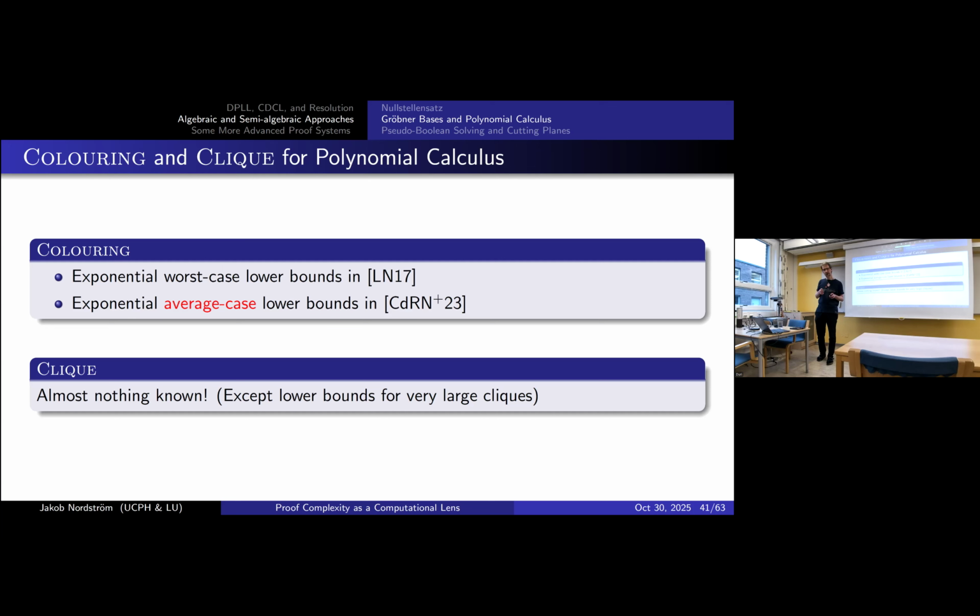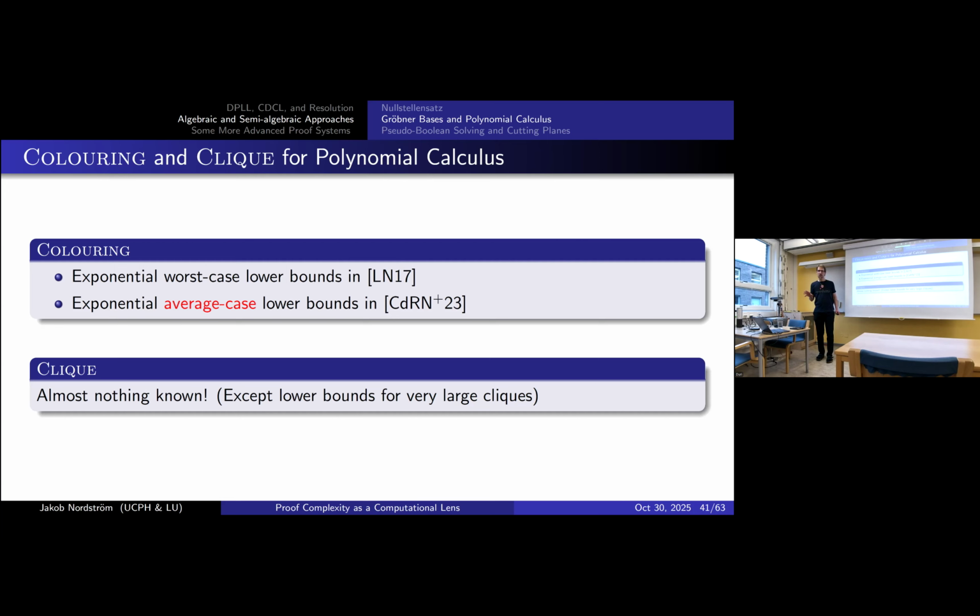For clique, interestingly, already for resolution we didn't know much except for regular resolution. For polynomial calculus, the situation is even worse. I would say, except for some lower bounds for really, really large cliques, we don't know anything.